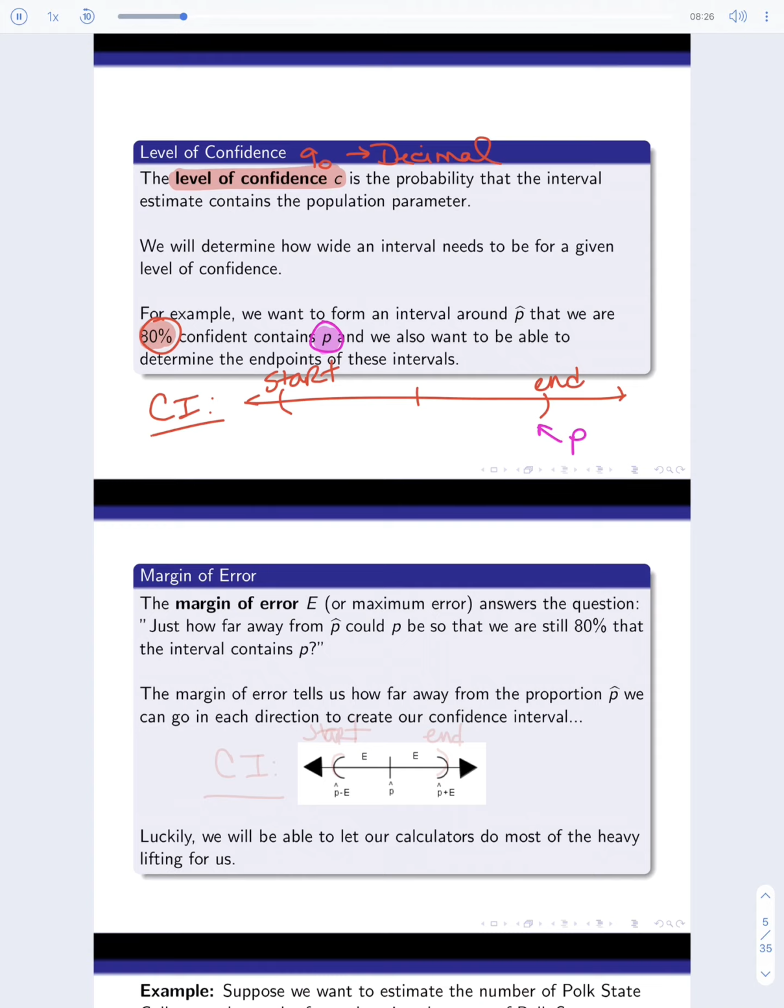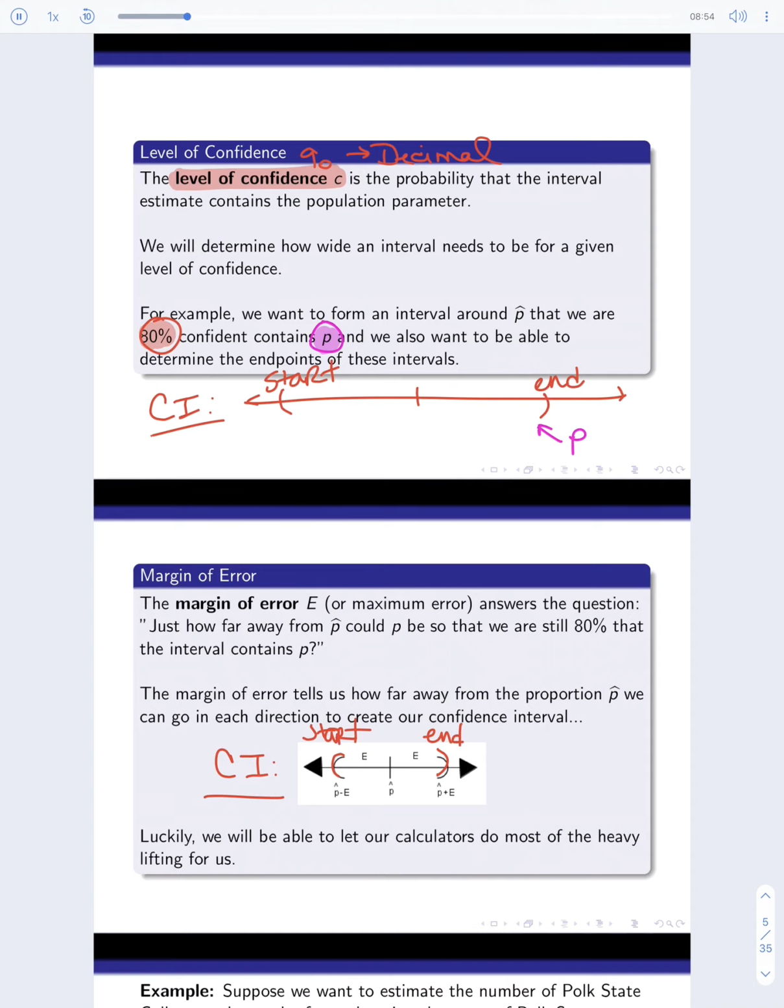Continuing along, it's very important that we understand the setup of a confidence interval, because the entire chapter 7 is based on these confidence intervals, where we have these starting values and these ending values, where we're trying to say something about an entire population, but we can't track down the entire population, so we have to use a sample.